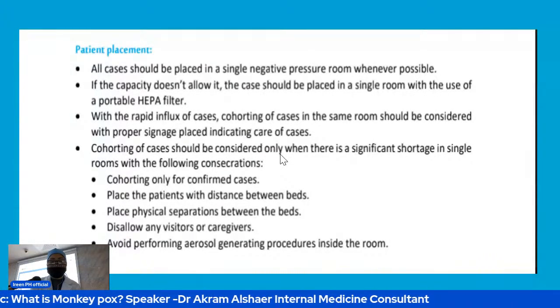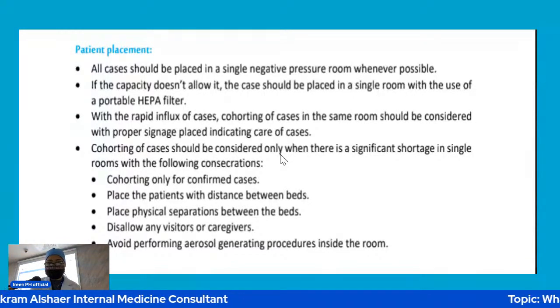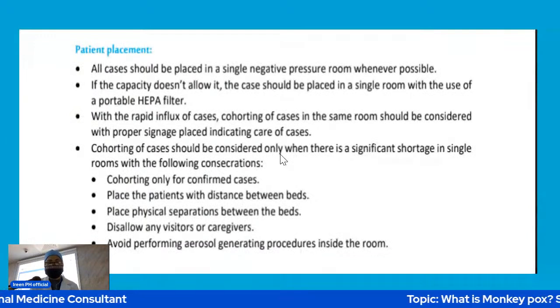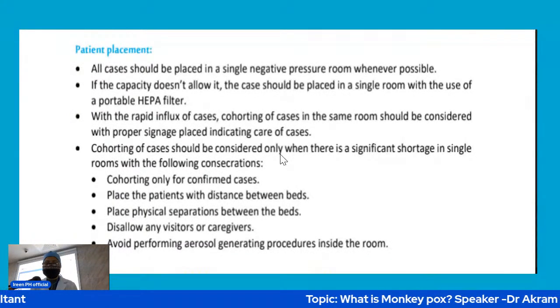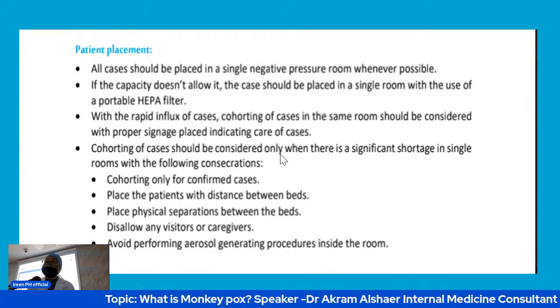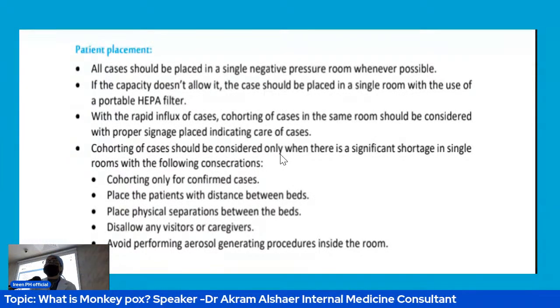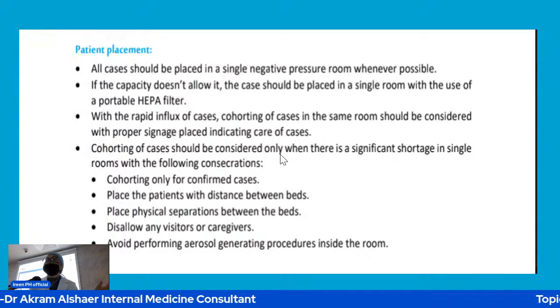When there is a rapid influx of cases, cohorting of cases in the same room should be considered, with proper signage placed indicating care of cases. By the way, we did cohorting during the pandemic days.